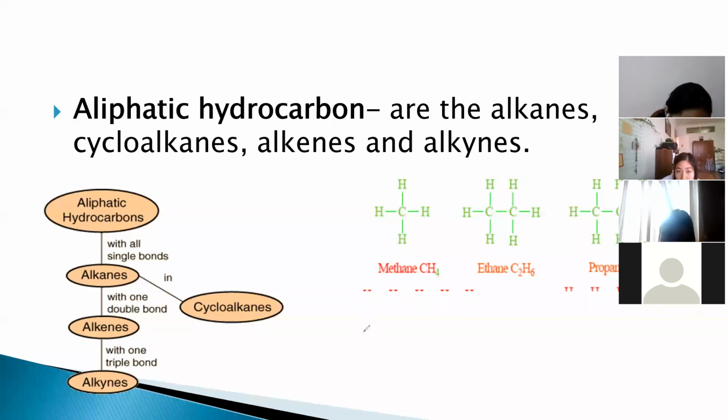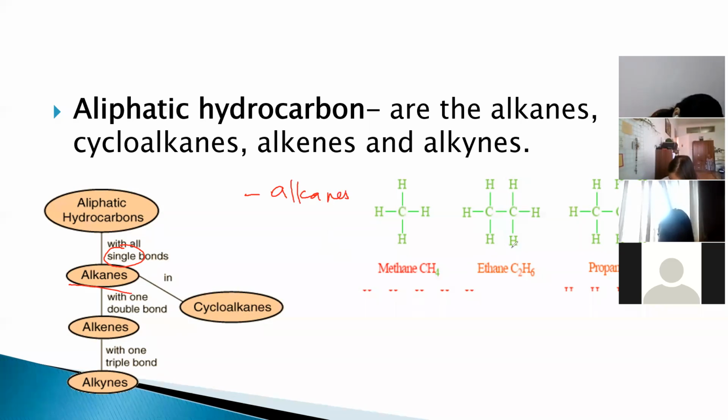Titingnan nyo yan siya, class. If it only contains single bonds, lahat ha, starting from methane, kahit dagdagan mo siya ng another carbon, or maraming carbon ang idagdag mo dyan, as long as they are all bonded with a single bond, we call them alkanes. Again, pag single bond, alkanes.